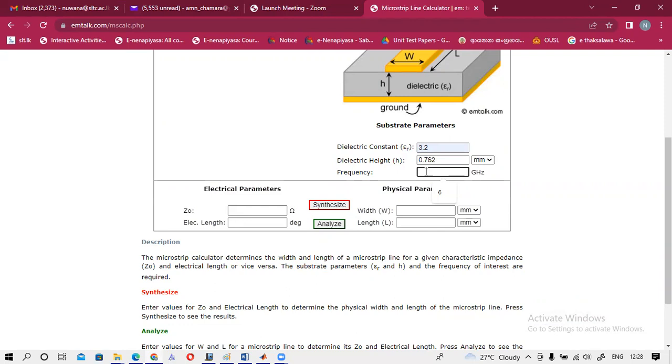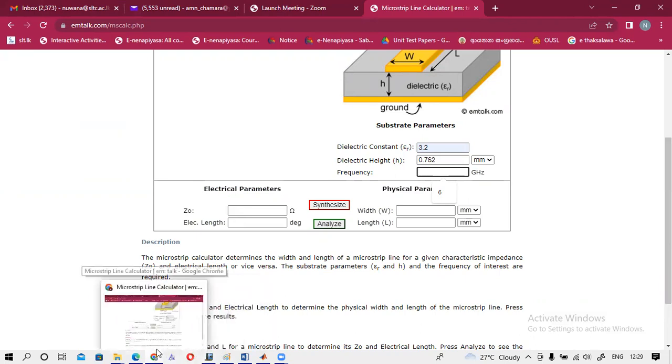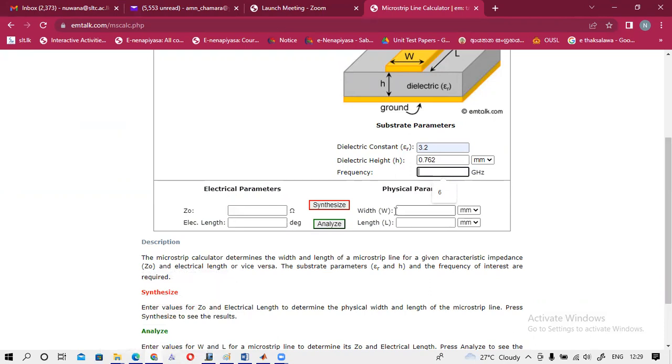And what is the frequency? The frequency is not much affected to this width. It is directly affected to the length, but not to the width. But here you have to enter that value also.